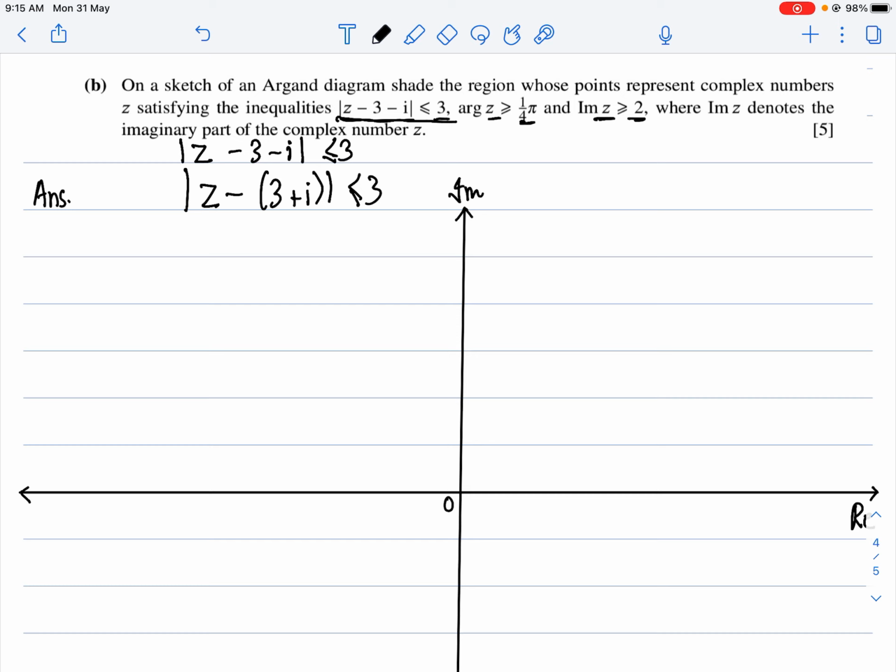Got it? So now I can say the real part here is 3, the imaginary part here is 1. This I know is the radius.